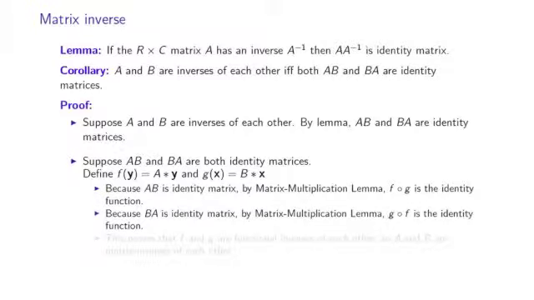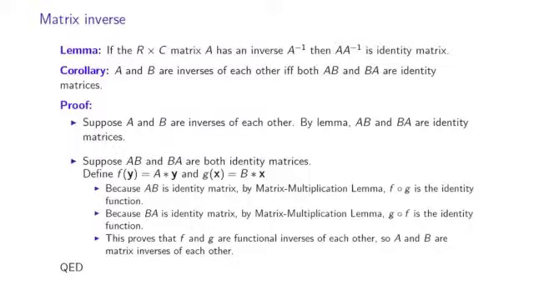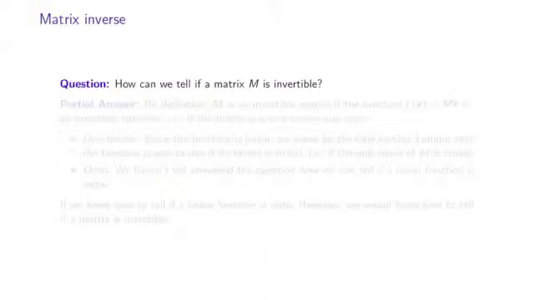Because the product BA is an identity matrix, it follows using the same lemma that g composed with f is an identity function. This proves that f and g are functional inverses of each other, and therefore A and B are matrix inverses of each other.